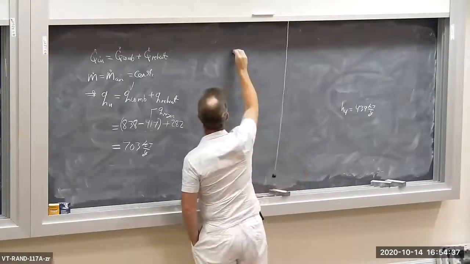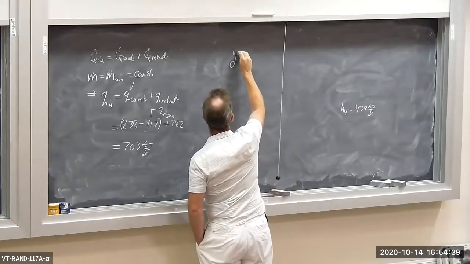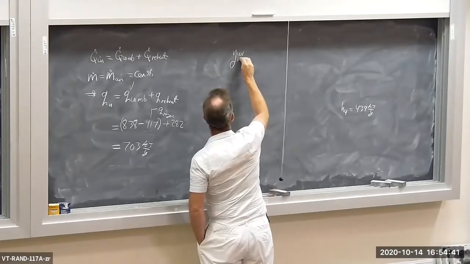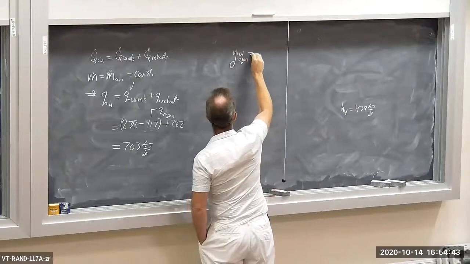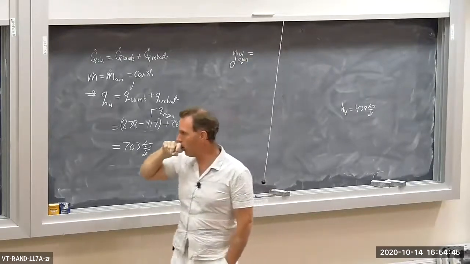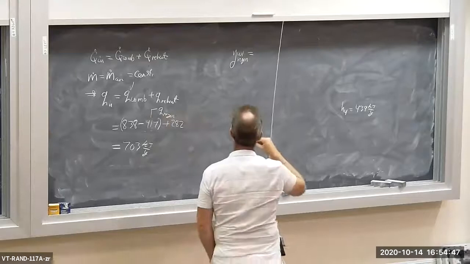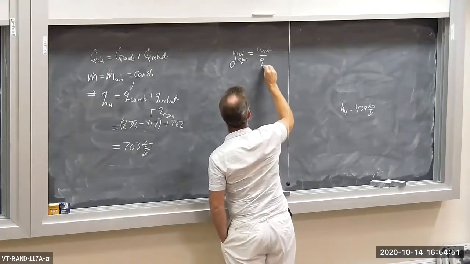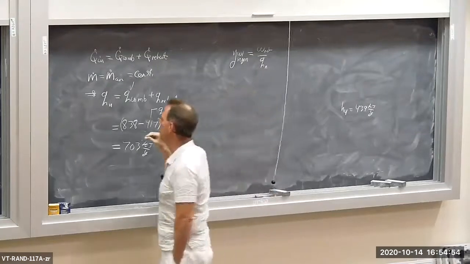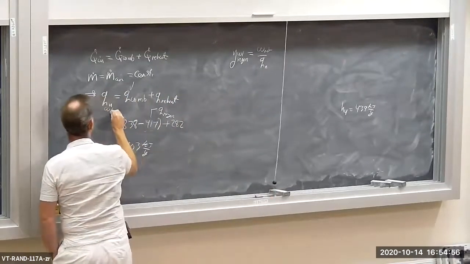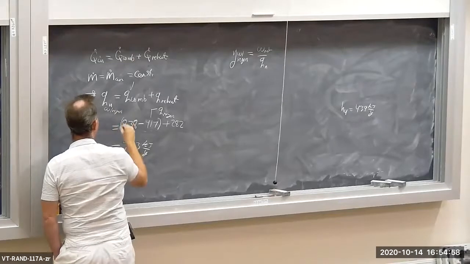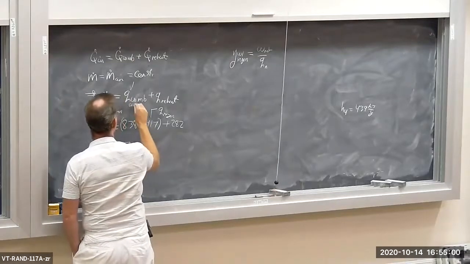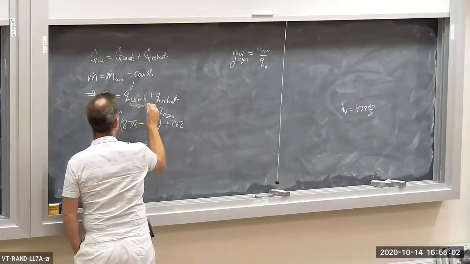So eta, with regeneration, is going to be the net work, 282, so work net divided by Q in, and this Q in is now with regen.